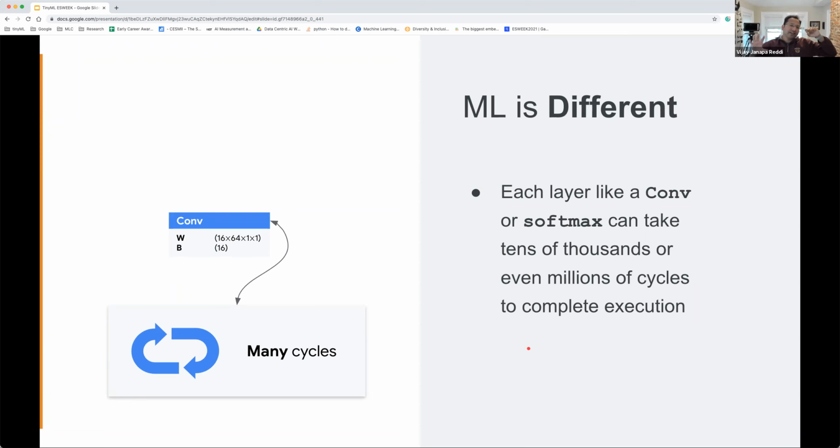But what's really interesting about machine learning is that when you look at the quote unquote instructions, right? The amount of time you spend inside that block relative to the dispatching overhead of reading everything and then dispatching which instruction I should execute, that block of code, like for example, a convolution is an instruction, right?